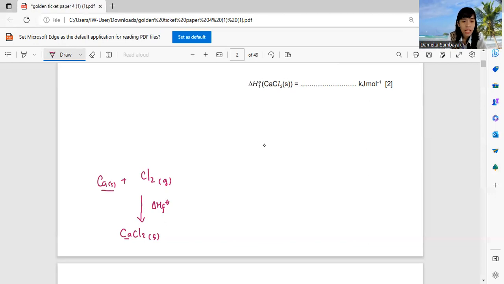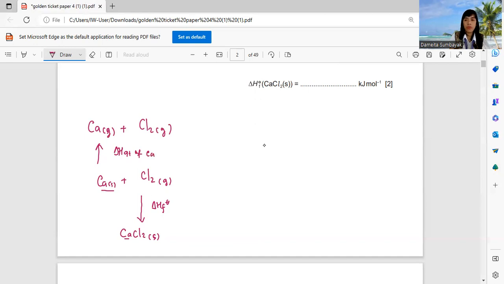So we start from calcium first. Let's convert calcium solid into calcium gas. Just copy Cl2. From calcium solid to calcium gas, we call this delta H atomization of calcium.